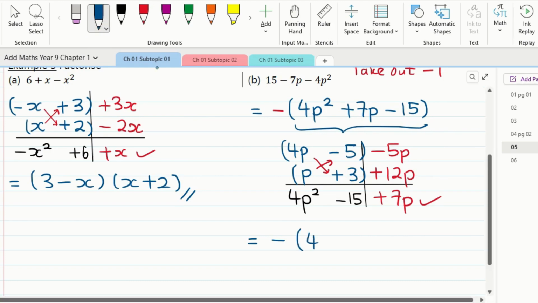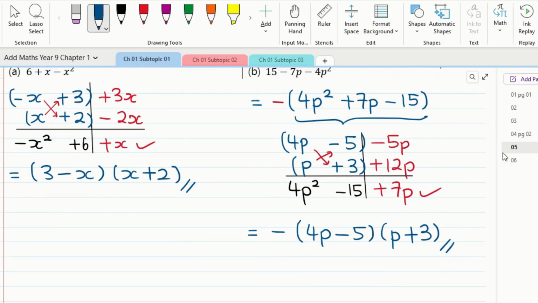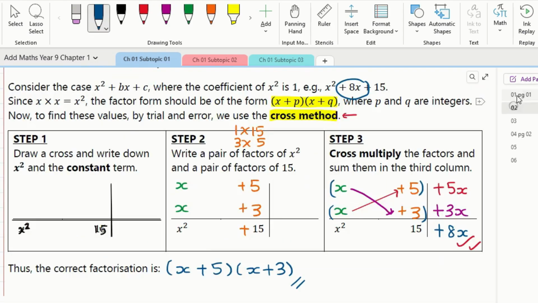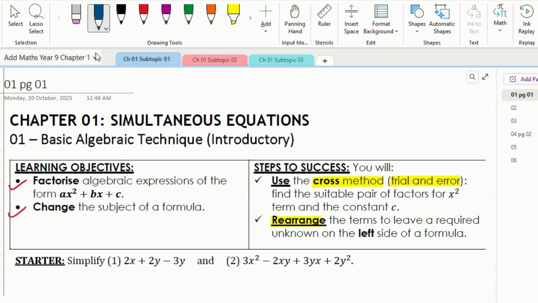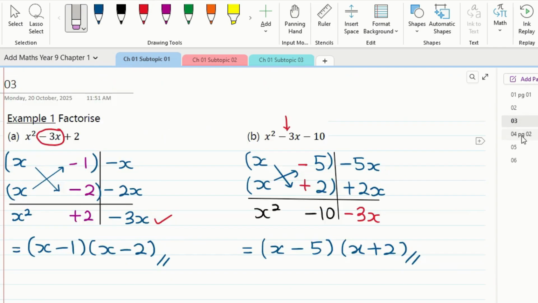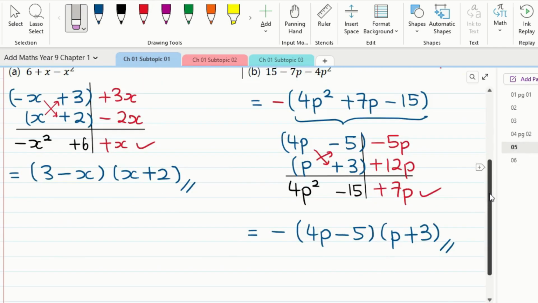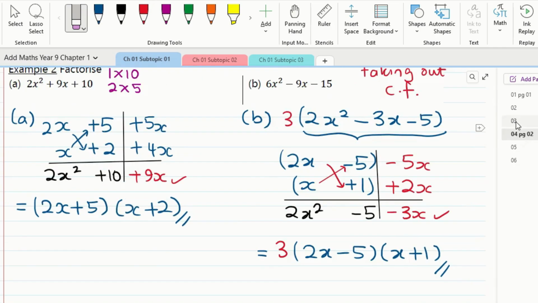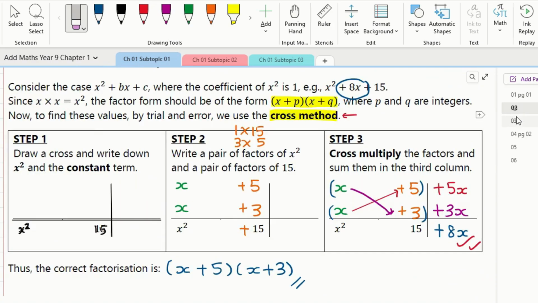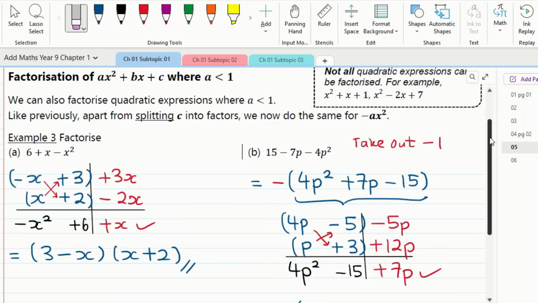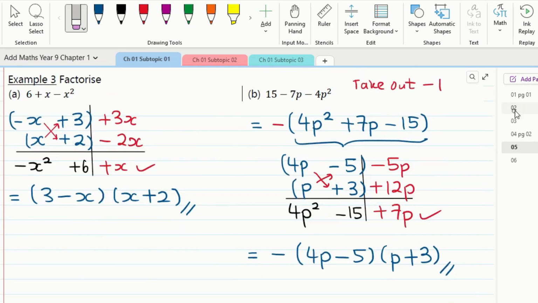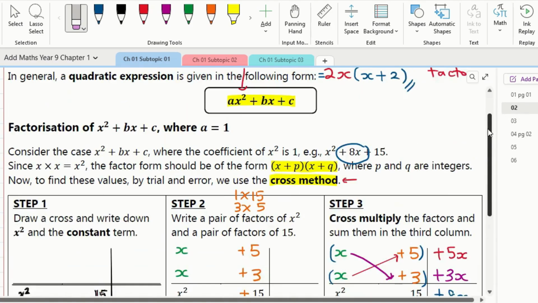So this is going to be negative (4p minus 5) bracket (p plus 3). Alright, so that's the first objective of factorizing algebraic expression in the form of ax squared plus bx plus c. So here, just to recap, you are using cross method for factorization of algebraic expression, specifically quadratic expression.